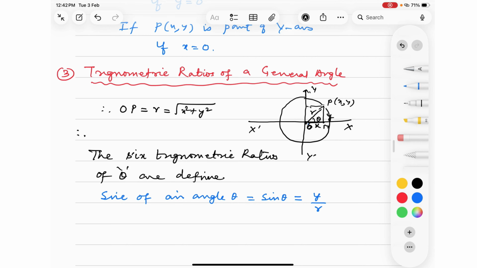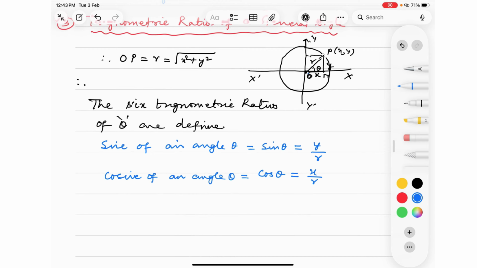Next one is the cosine of an angle theta. In short, we write it as cos theta. It is defined as x by r. X means OM distance, r is OP distance. The second trigonometric ratio is cos theta.